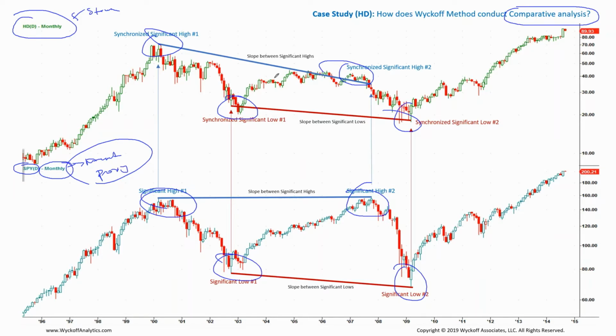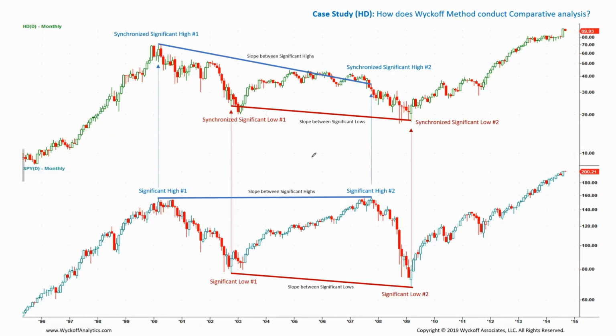Why is this important? Well, because if we're thinking about a significant outperformance, let's say that the market is going down, like we have had the market going down in 2008, 2009. As we're looking at the low in the stock, and then looking at the low in the market, we're seeing that the market probably had more underperformance around the low.